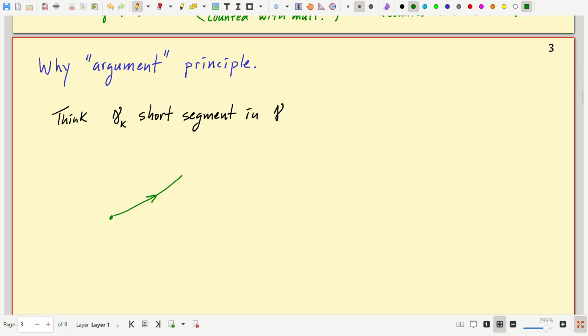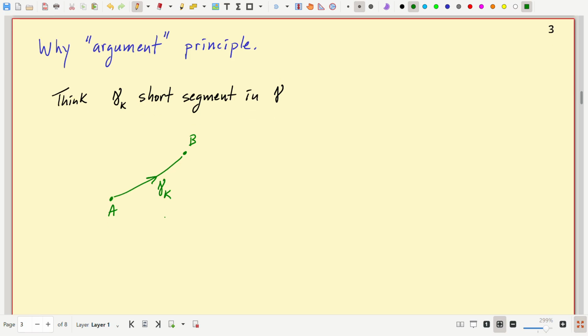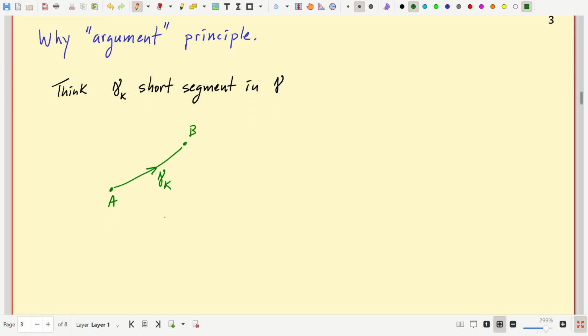It's going to start at A and go to B. Let's call that gamma sub k. Then my function f is going to take that somewhere. And so f would take it over here maybe to an f of gamma k. And that would go from starting at f of A and going to f of B.